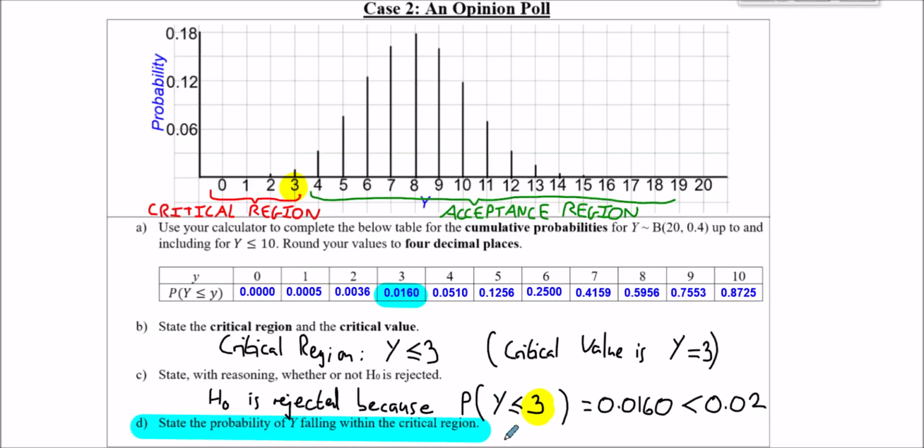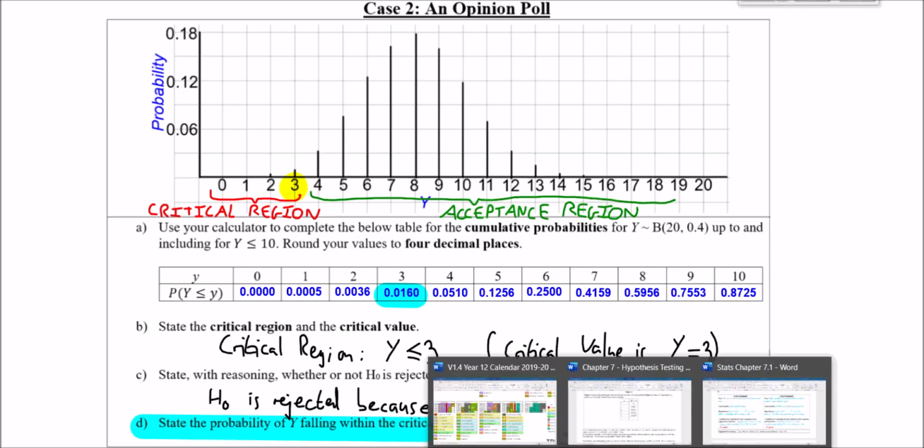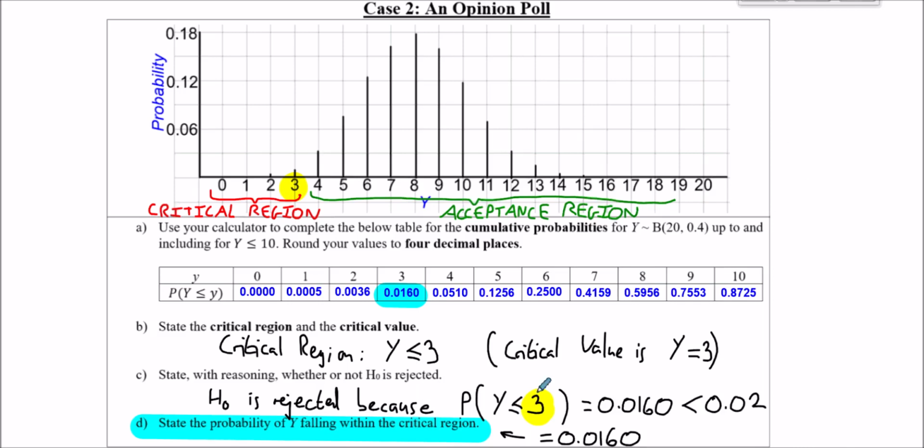So that value is equal to 0.0160. So although we're after a 2% level of significance, it's very rare that level of significance actually exists. So this here is sometimes called the actual level of significance. So I'm going to explain this in a bit more detail now.